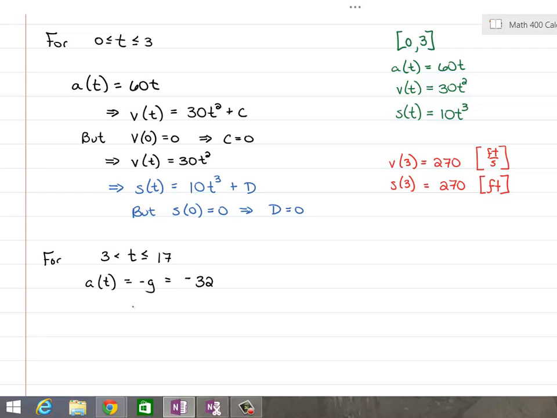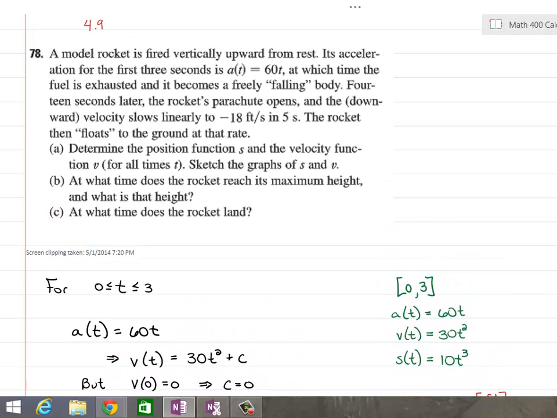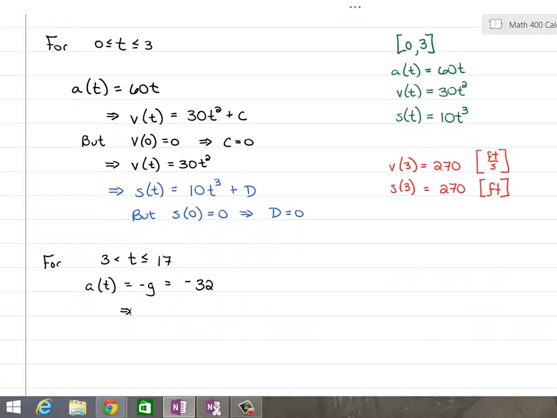And that will imply that the velocity, let me make sure that I don't have anything else here, 14 seconds later. Okay, so no, it doesn't say anything else. So we're going to do the antiderivative here. So velocity at time t is going to be negative 32t plus some constant I will call e.